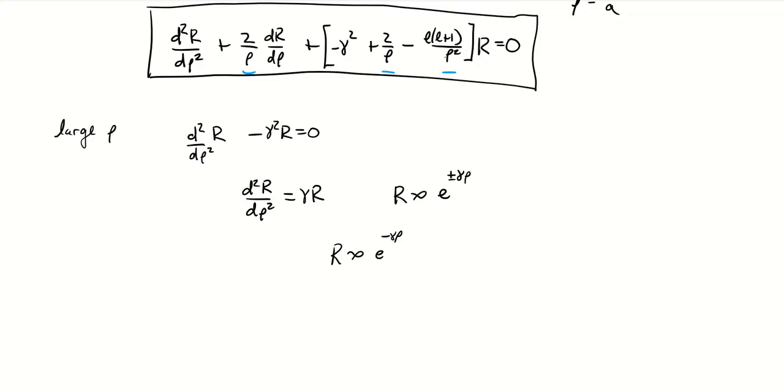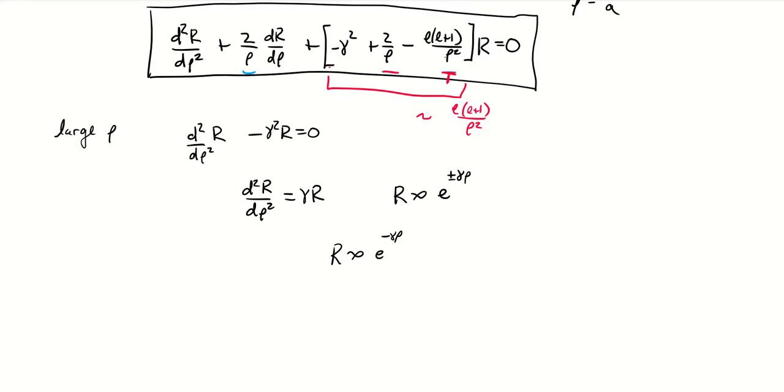We can also look at where rho is small. In that case, if we look at the term in brackets, for small rho, just the 1 over rho squared term is really going to dominate. And essentially that bracketed term is going to go as L times L plus 1 over rho squared.